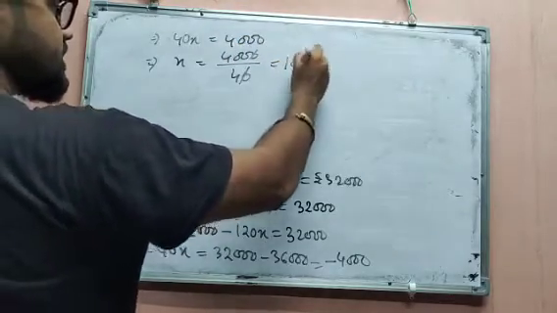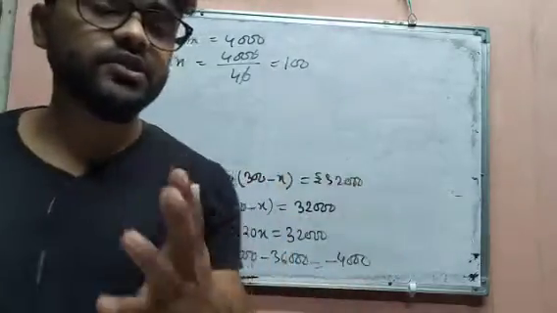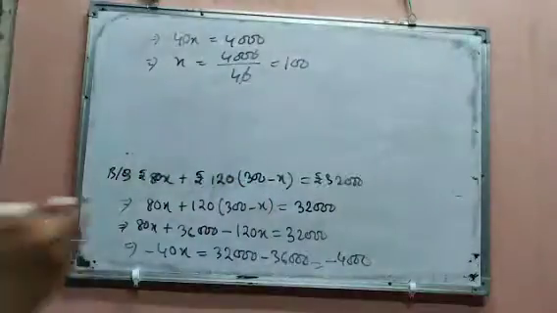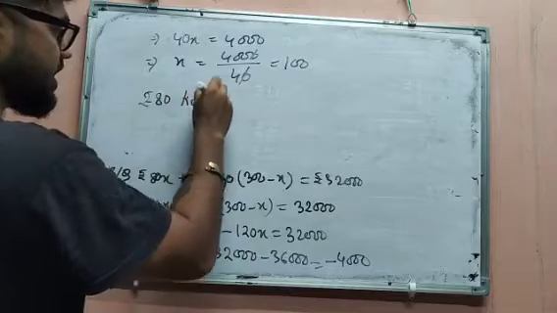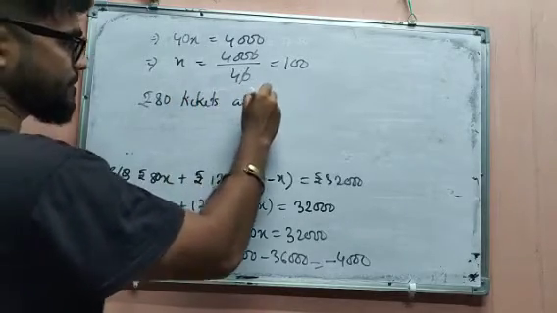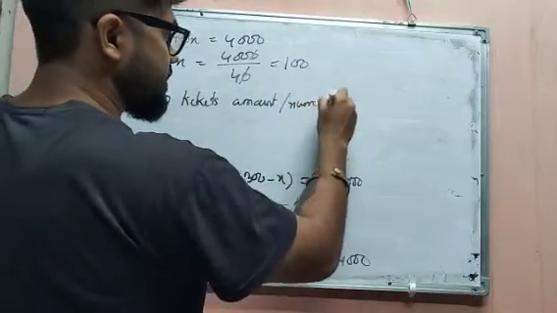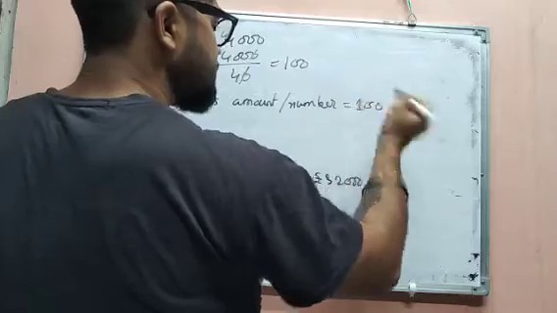So what will we get? 100. Therefore, we assumed the number of rupees 80 tickets to be x. Therefore, the number of rupees 80 tickets equals 100.